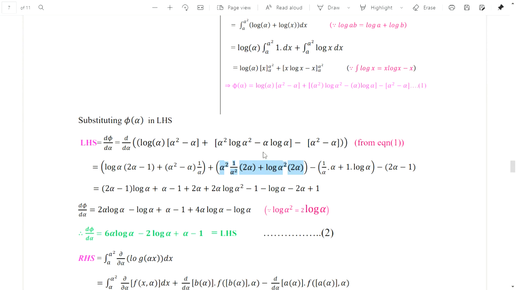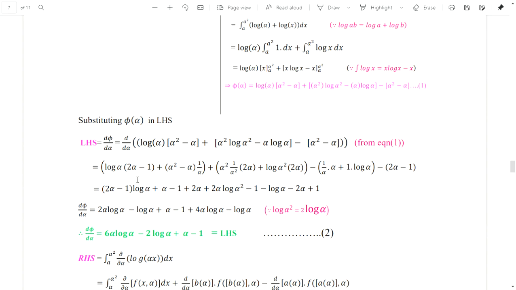Next, minus differentiation of alpha log alpha into I written as it is, differentiation of log alpha is 1 by alpha plus differentiation of alpha is 1 into log alpha I written as it is. So, this is the differentiation of this function, minus of differentiation of alpha squared minus alpha. Differentiation of alpha squared is 2 alpha minus differentiation of alpha is 1. So, this is the differentiation of this function. Now, let us do the simplification to this.